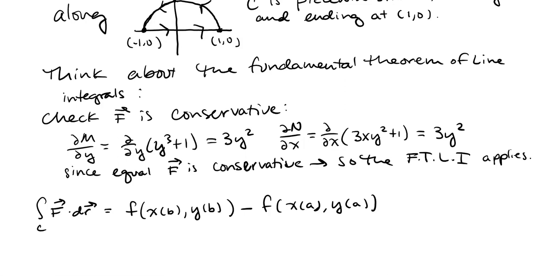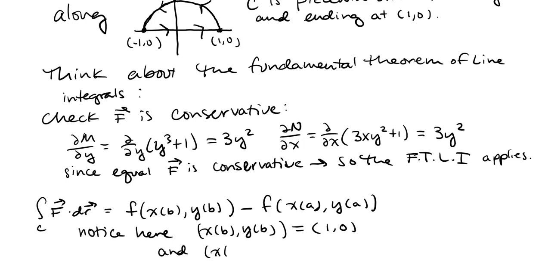But notice here, x of b, y of b, that's the terminal point. Well, we ended our curve C at (1, 0), but we also have that our initial point, x of a and y of a, is (1, 0).